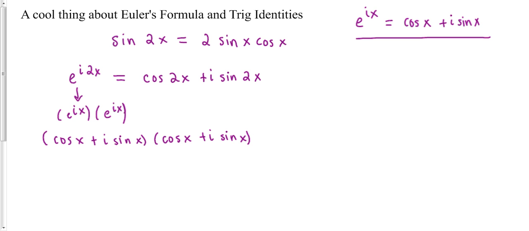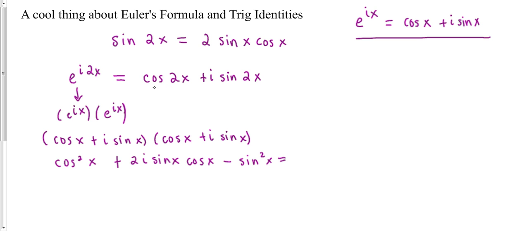And then I can just expand, get rid of the parentheses, and I'm going to get cosine squared x plus 2i sine x cosine x. And then when I do i sine x times i sine x, I'm going to get an i squared. And of course, i squared is going to give me -1 times sine squared x.